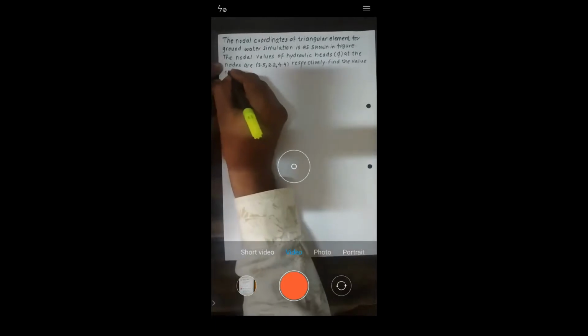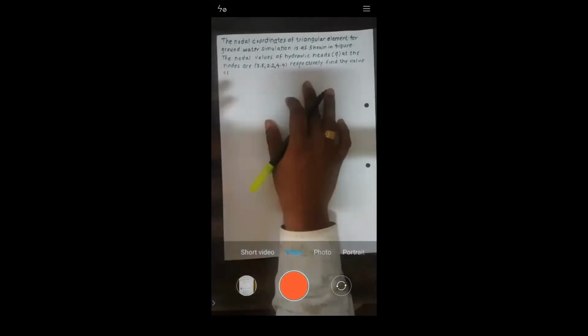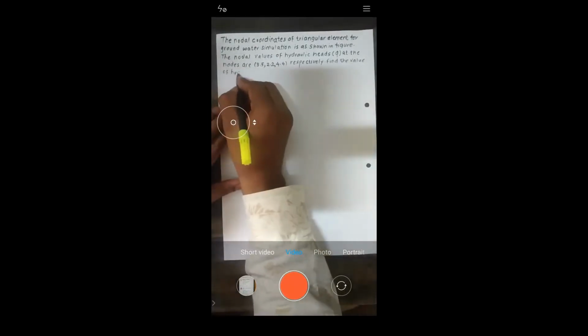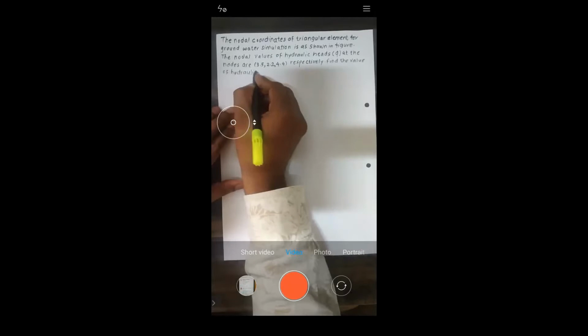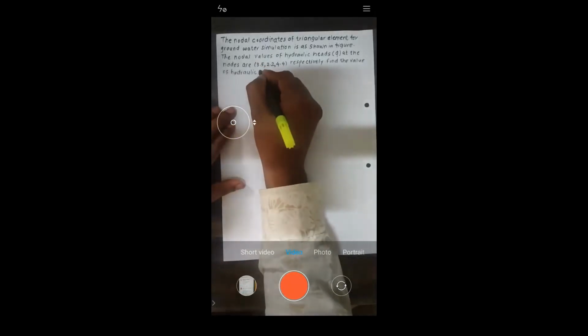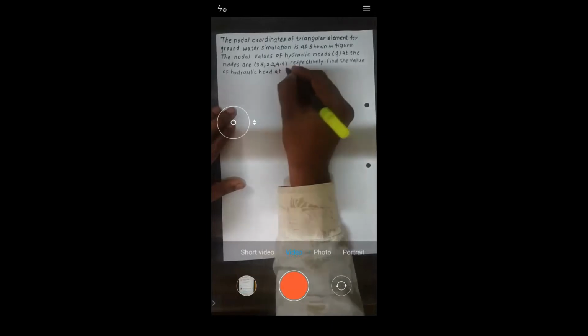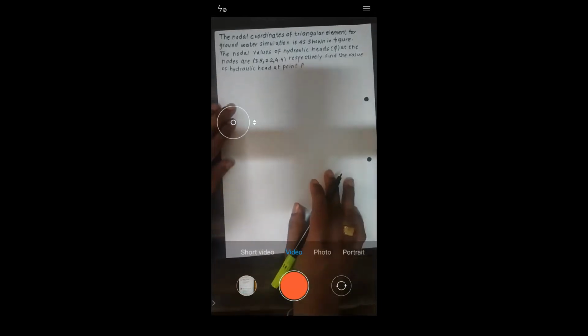Find the value of hydraulic head at point P. Okay, now they have mentioned the diagram for this particular problem.